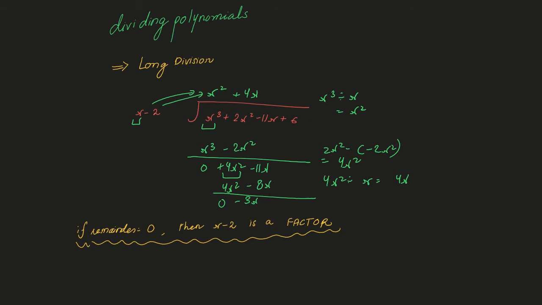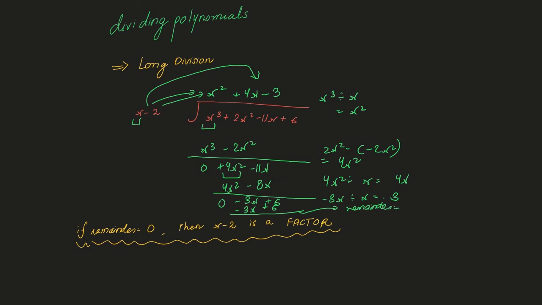The next leading term is minus 3x, and minus 3x divided by x is simply minus 3. So we write minus 3 here, and multiply it with x minus 2. This will give you minus 3x plus 6. And therefore the remainder is actually 0.